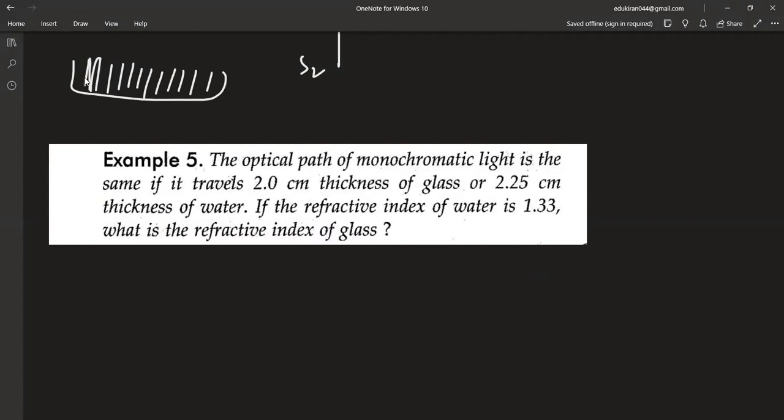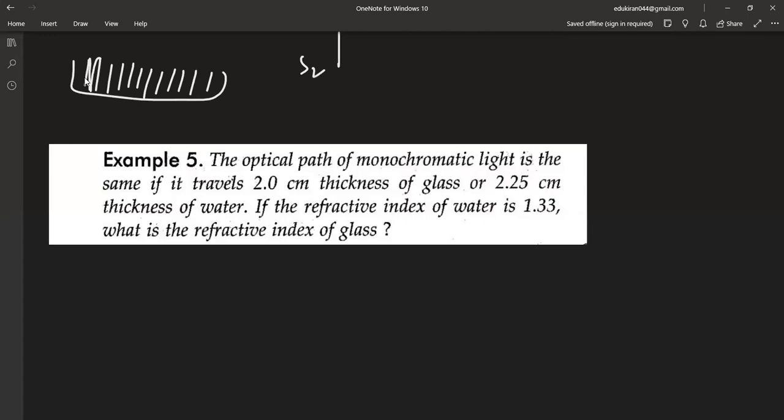See, this says that the optical path of monochromatic light, do not write it right now, I'll give you time. It says that the optical path of monochromatic light is the same if it travels 2 centimeter thickness of glass or 2.25 centimeter thickness of water.